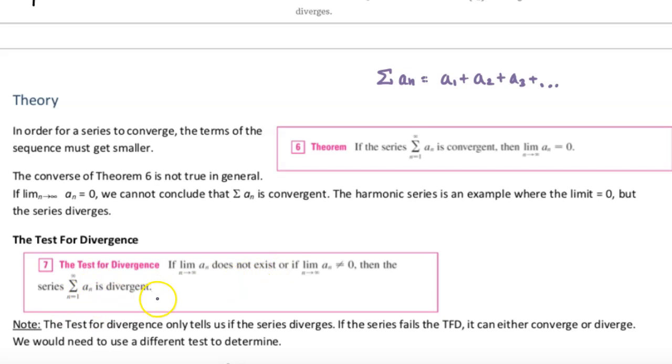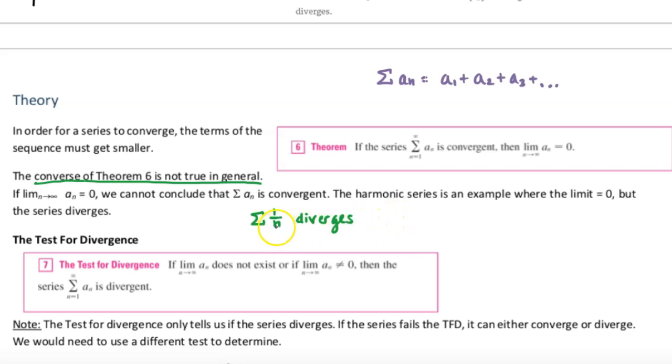Now this doesn't necessarily work the other way around. And so just be careful, because the converse, which just means this flipped, is not true. And let's think of the harmonic series in general. So the harmonic series is the summation of 1 over n. We know this diverges.